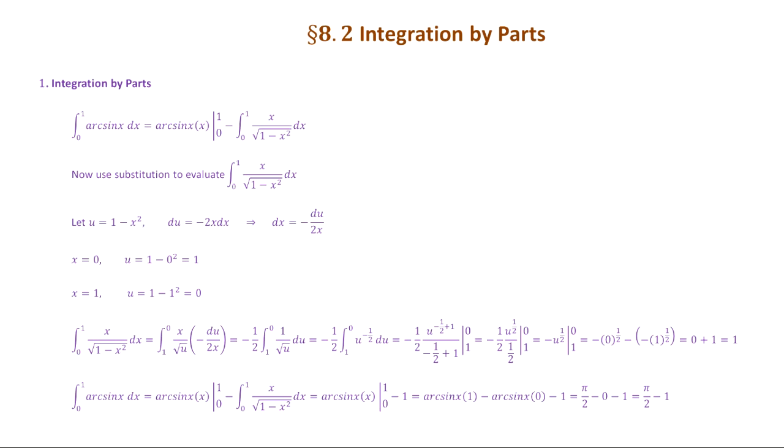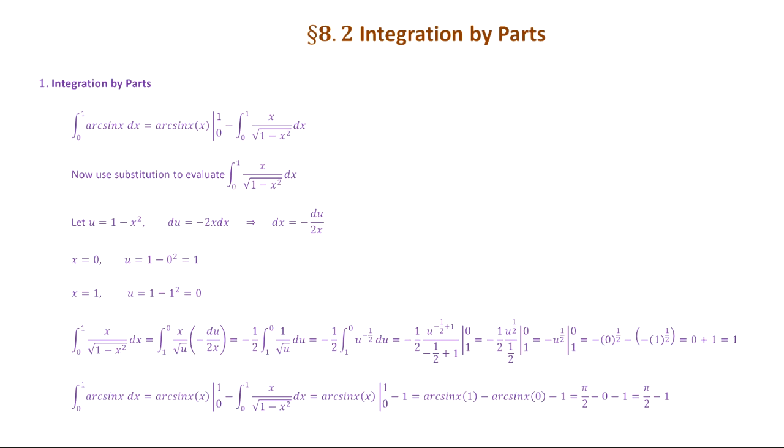And then you can take out negative half from inside to get the 1 over square root of u inside. And that will be easy to integrate if we rewrite square root of u as u to the half and then change it to a negative exponent because it's in the denominator.